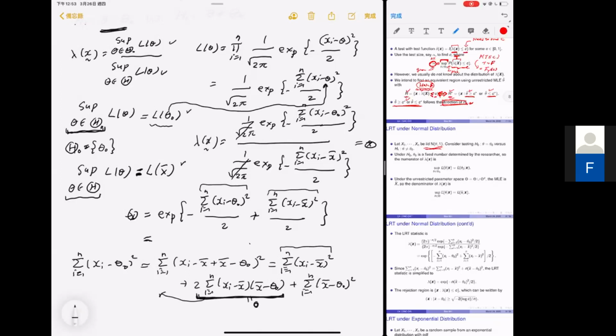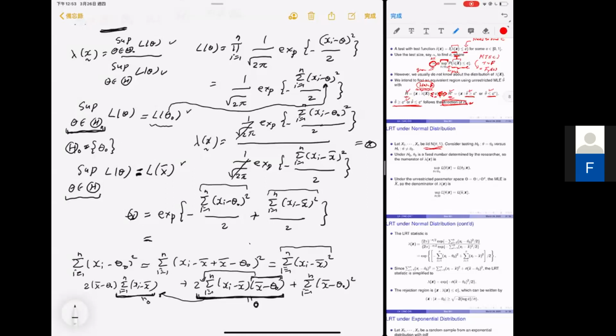This guy basically is 2 times x bar minus theta 0, then summation i from 1 to n, xi minus x bar, right? This guy doesn't have i, so you can pull that out. And then what's this guy? This guy is nothing but 0.